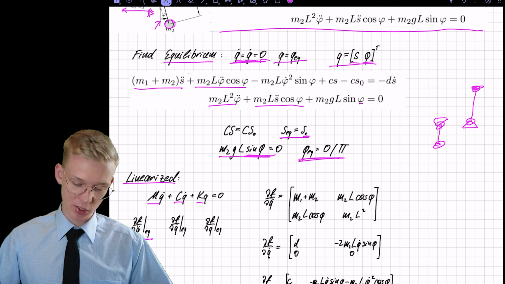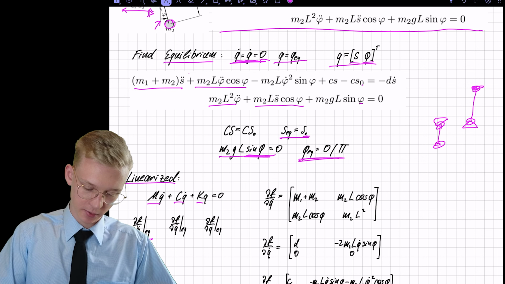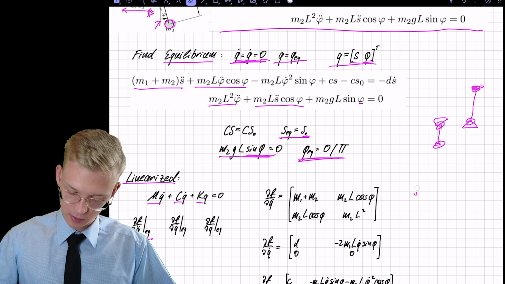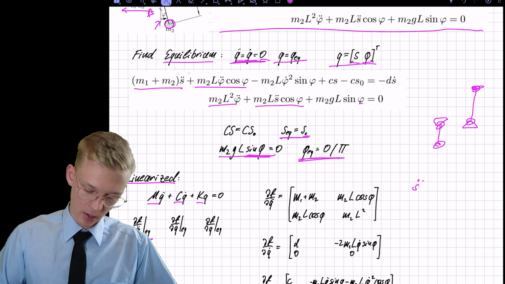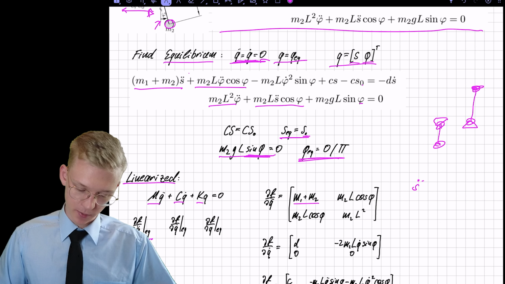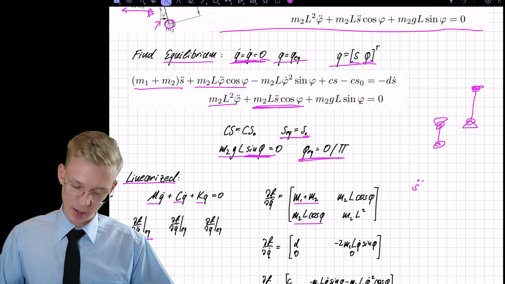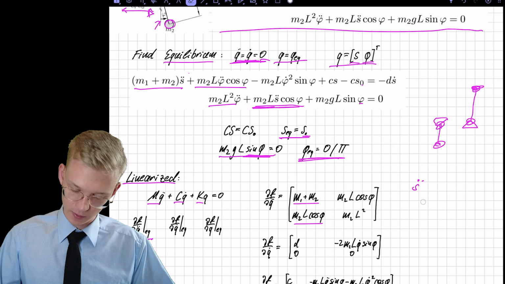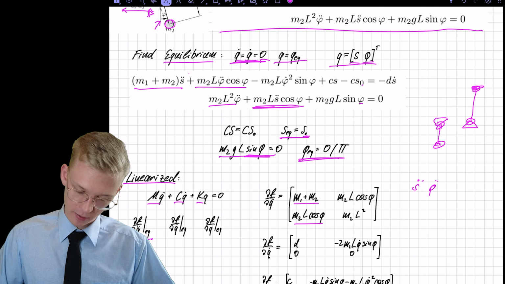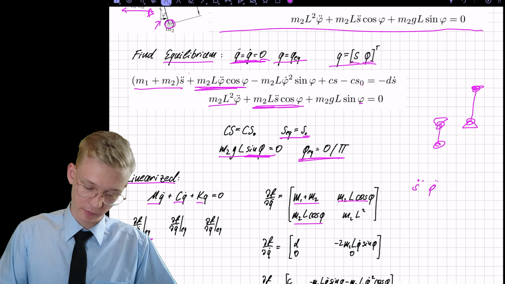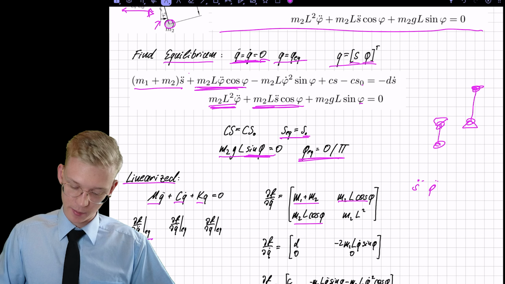So if we just look at the s first, at s double dot, we have this part, and we have this part that comes from here. Then for phi double dot, we have the cosine that is here and just the m l squared.